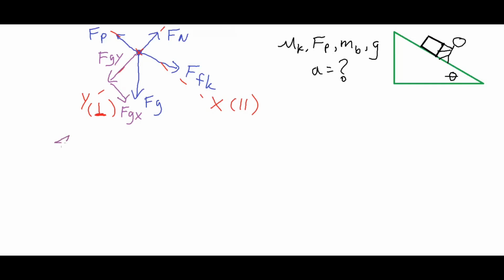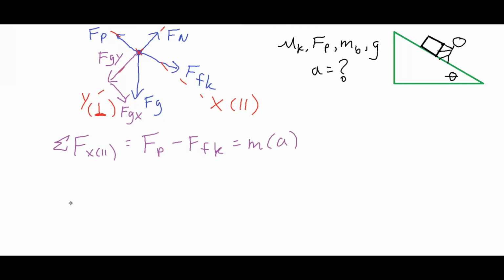So for all of my forces that are along the x direction or parallel, whichever one you want to call it, we have the force of the push that is propelling it forward, and then we have the force of kinetic friction that's opposing that slide, and that's equal to m times a as usual.